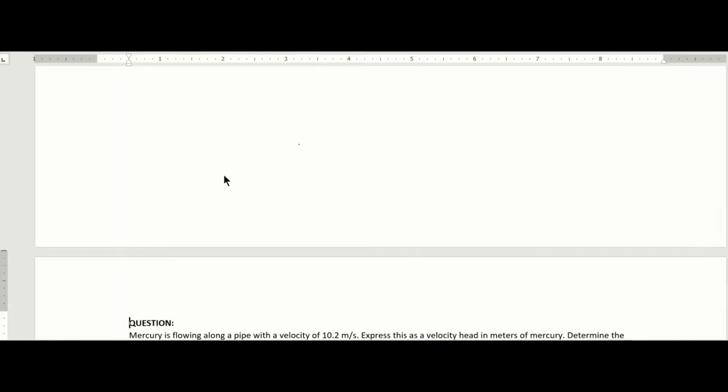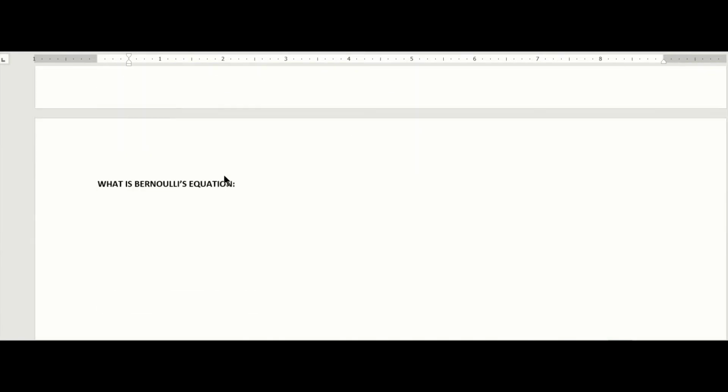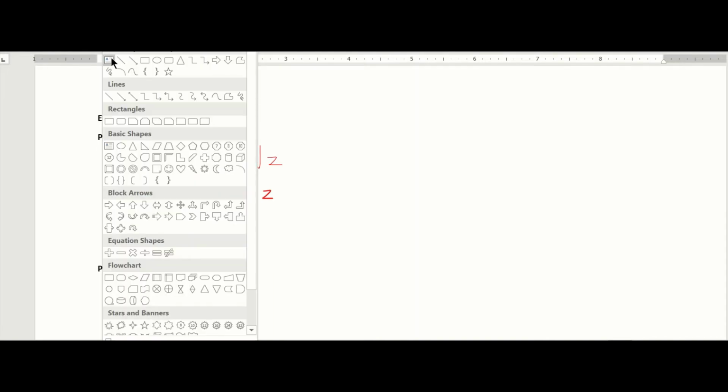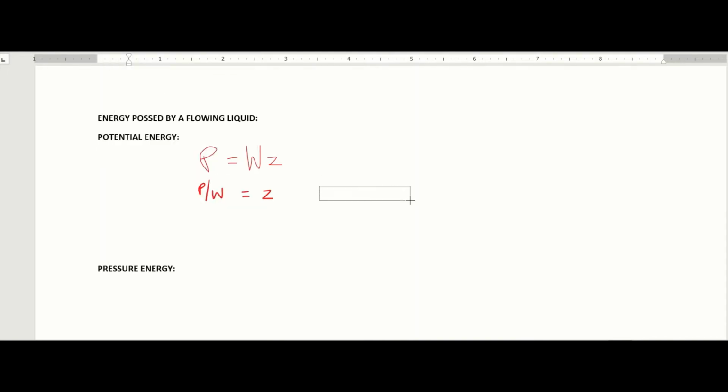Now we can therefore say that the potential energy per unit weight is equal to Z. So this potential energy per unit weight is measured in Newton meters per Newton and is measured as a length or as a head, and can be called the potential head. So this is called the potential head.